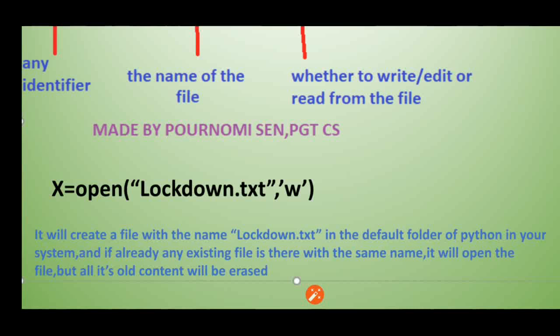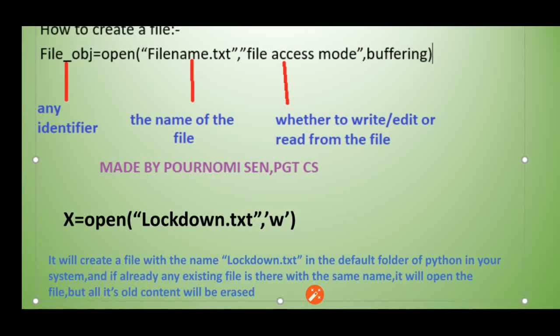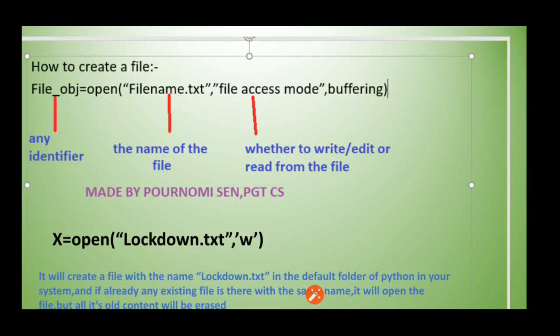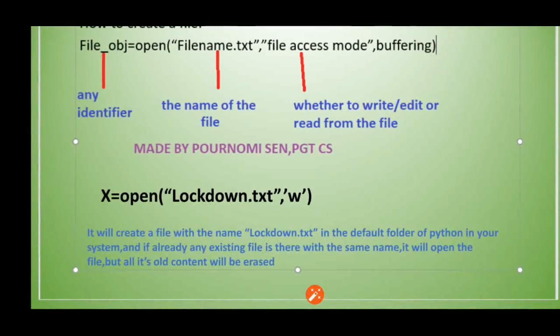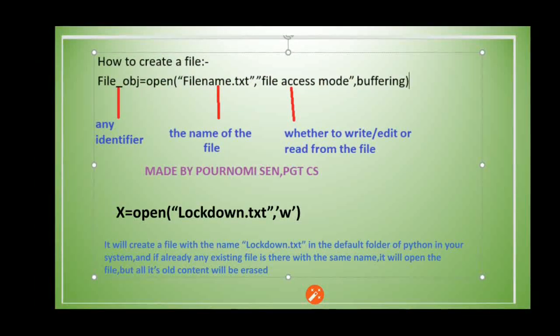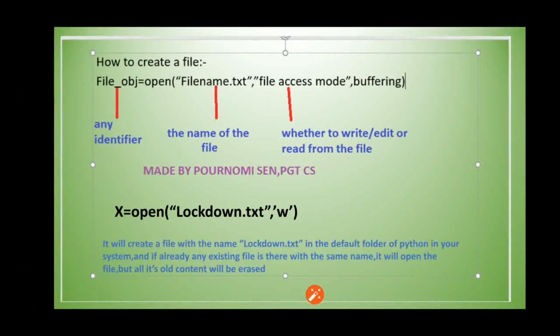However, if you want to keep the old content, then you have to use some other file mode. All these file modes will be discussed here. So this is basically the procedure: X equals to open lockdown.txt, w. Okay, we are going to the next slide.